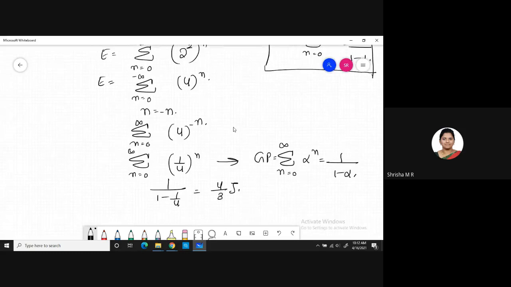So 4 power minus 1 is 1 by 4, to the power of n. So I have got it in the desired form to further solve it. It's in the form of alpha to the power of n with summation limits 0 to infinity. So I can put 1 by 1 minus alpha and get the energy.